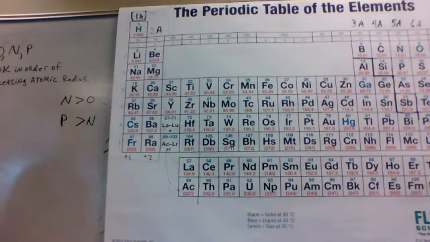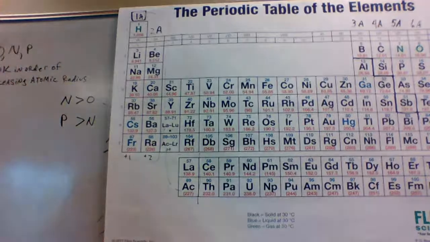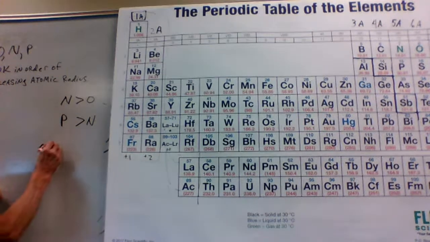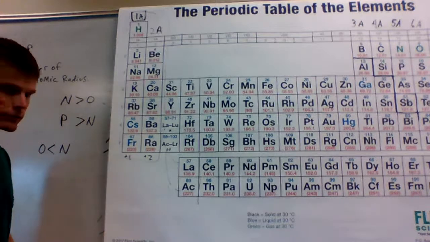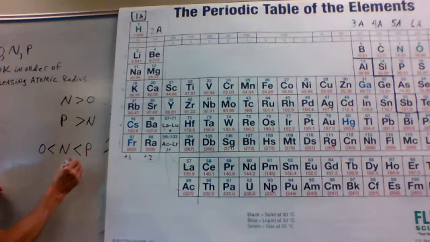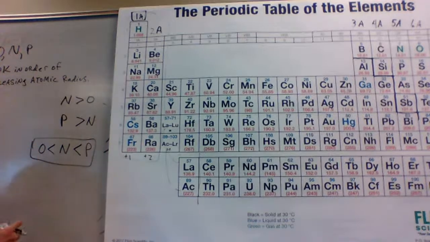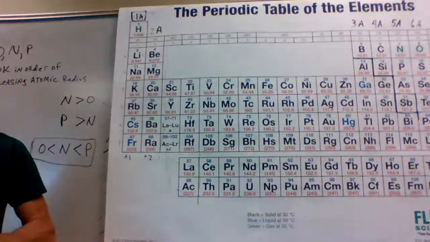So let's rank these three atoms in order of increasing atomic radius. I would expect oxygen to be the smallest, nitrogen to be the next largest, and phosphorus to be the largest of those three elements when we rank them in order using the periodic table.